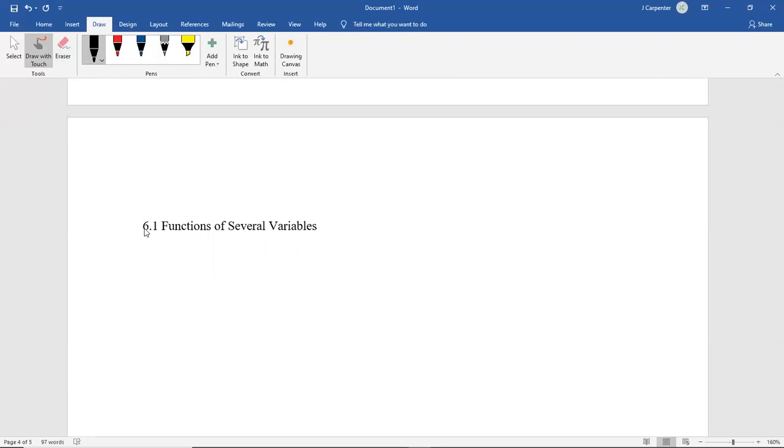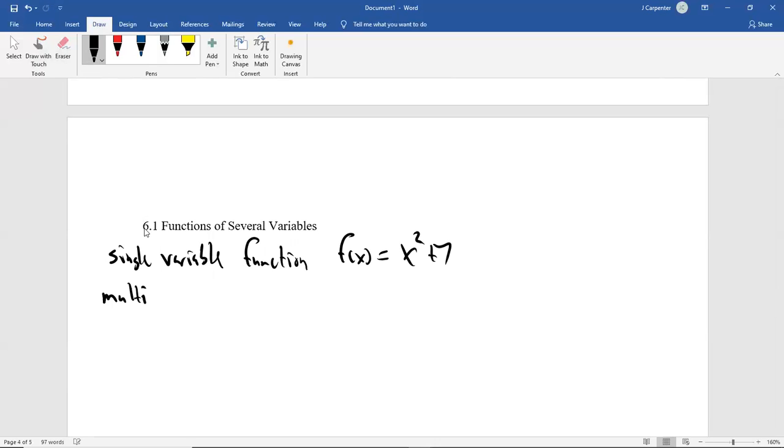Instead of just f of x, you have f of x comma y. So a single variable function would look like something like this: f of x equals, I don't know, x squared plus 7. A function of several variables, or a multivariable function, is going to depend on multiple letters.